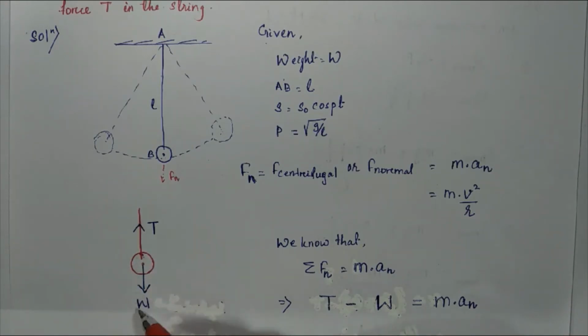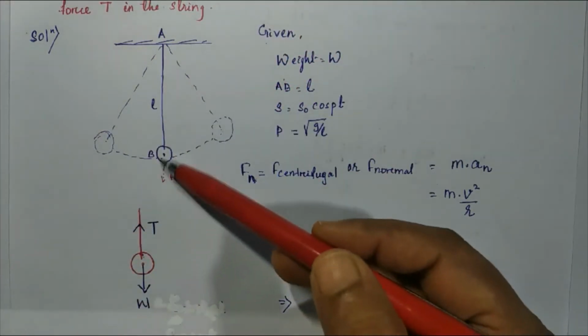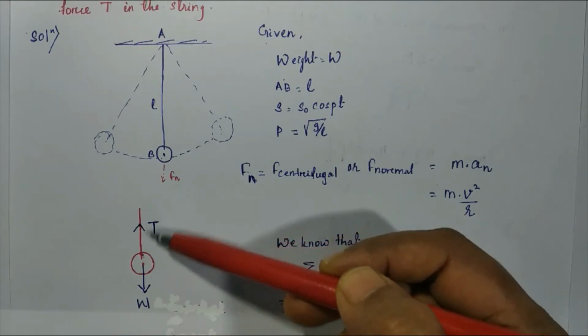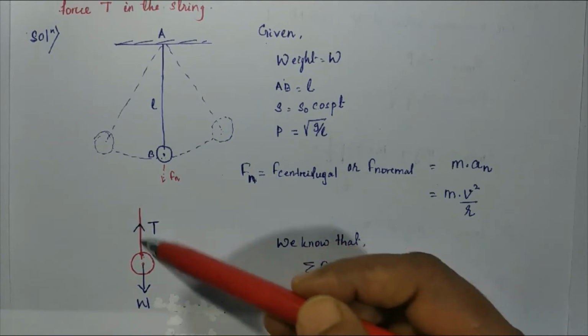These are the two forces. In addition, one more force is there, the normal force. The normal force tries to pull the pendulum in the outward direction, and that is balanced by the opposite force, the tensile force.